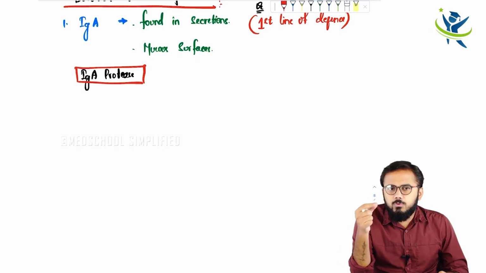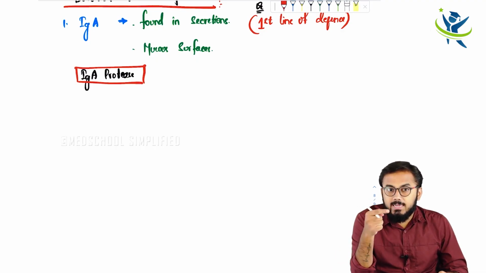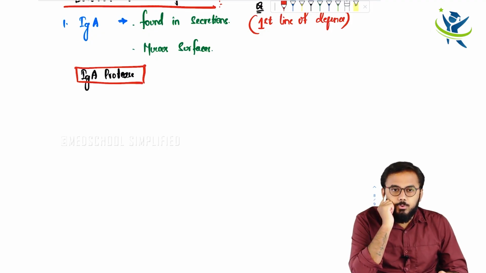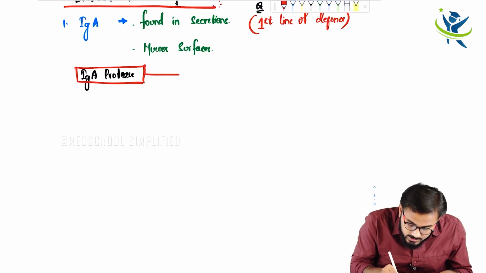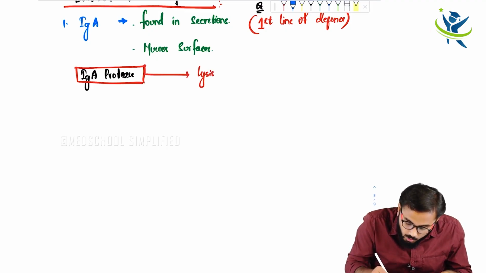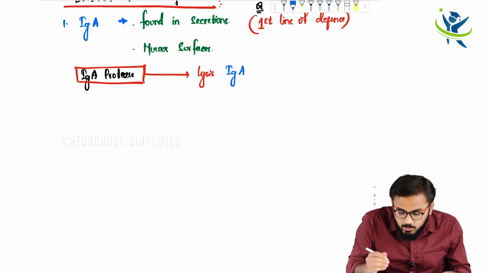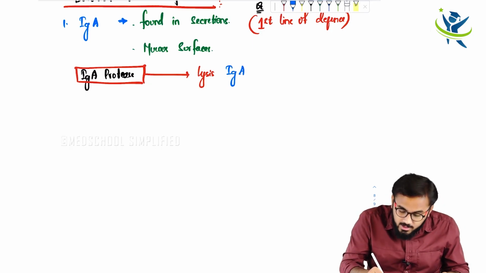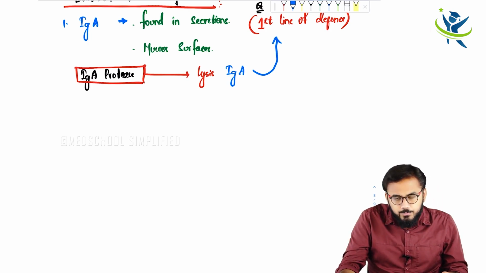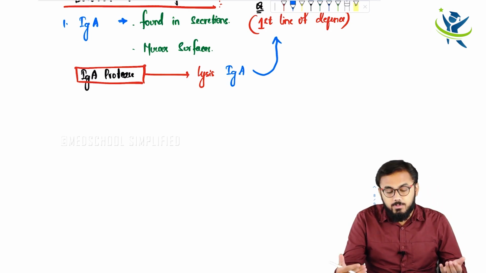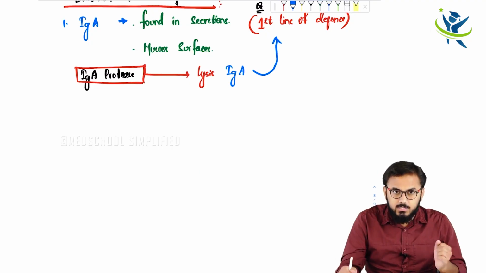When I've taken the food, bacteria entered into my mouth and released this IgA protease. This IgA protease will cause lysis or breakdown of IgA. When it causes breakdown of IgA, will I have any more the first line of defense in my body? No. So this is the virulence factor of the bacteria.